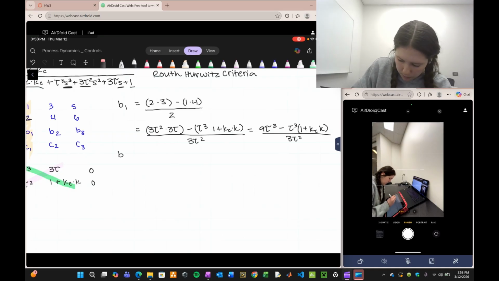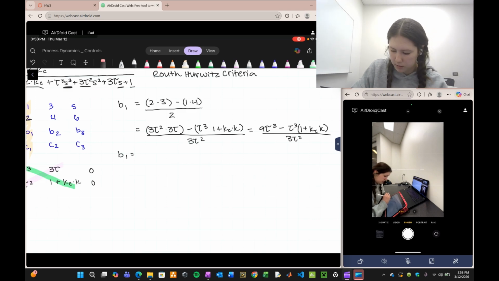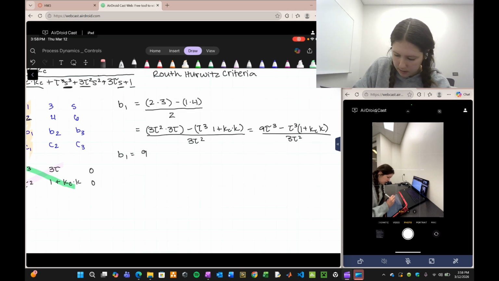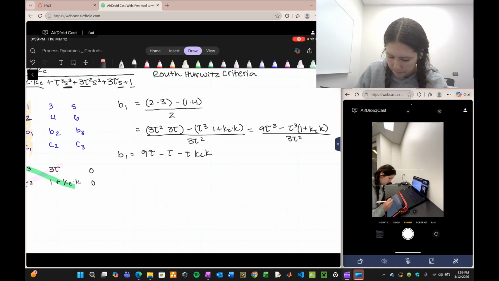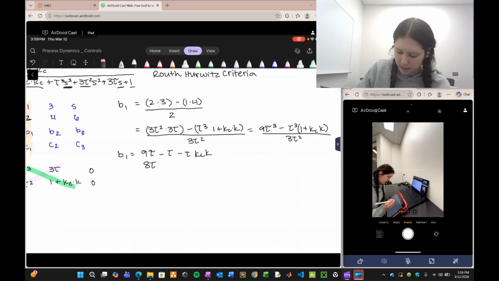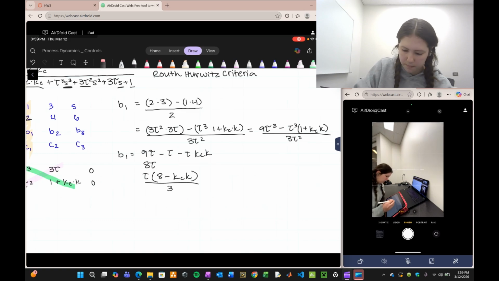So we'll get B1 equals 9 tau minus tau KcK. So it'll be 8 tau minus tau KcK, so it'll be tau times 8 minus KcK, over 3.